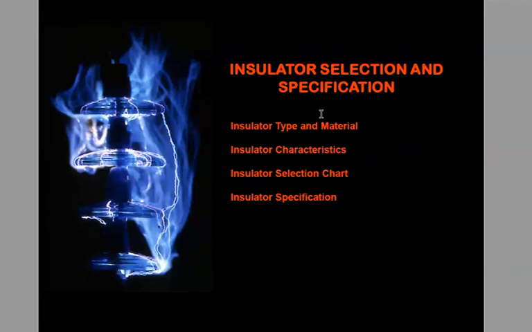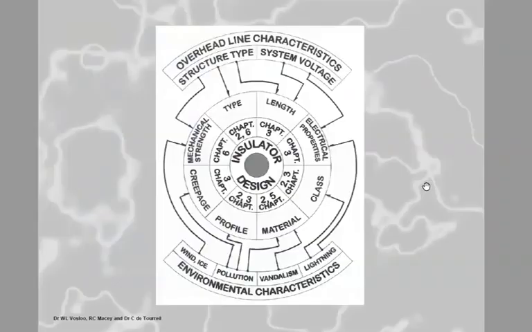Now, this is a chapter from the book, and it's insulator selection and specification. I'm just going to start off by introducing you to the item which is most probably the backbone of our network, and that is an insulator, a high voltage insulator.